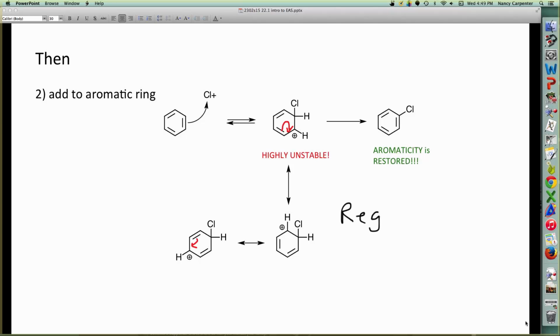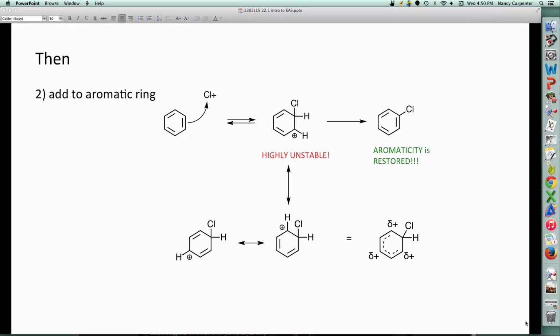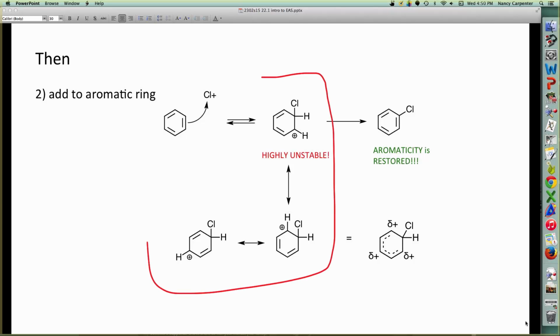This will have some very important implications in terms of regiochemistry, what we'll get to in the next mini lecture. Bottom line is, it's the resonance hybrid, as usual, that we want to pay attention to. So we take all three of these resonance contributors and put them together to notice that in our aromatic ring we build up a positive charge on those three carbons. Keep that in mind.